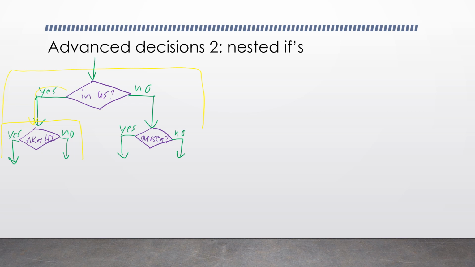Well, the way we express this in C++ is with nested ifs. So if destination in US, okay, I'm assuming I've defined a Boolean somewhere in my program before now that knows if the destination is in the US, okay.